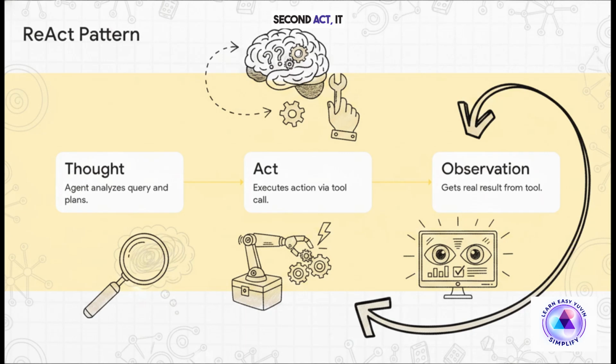Second, act. It executes an action by calling a specific tool. Third, observation. It pauses to ingest the actual, real-world result returned by that tool. Then it reflects on that observation and loops right back to a new thought. It's this continuous, non-deterministic loop of thinking, acting, and observing until the final output is fully ready.